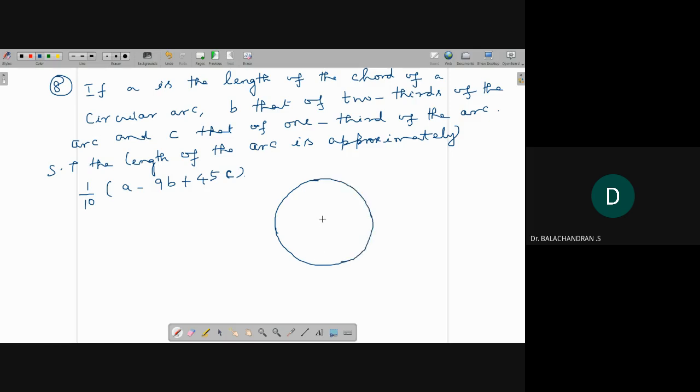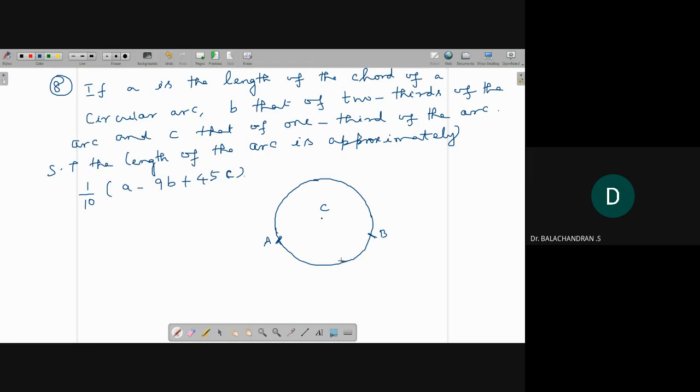Imagine it is a circle centered at C. This is a point A, this is a point B. Now A is the length of the chord of the arc. So I need to find the length of the arc, the length of this portion, the length of AB.